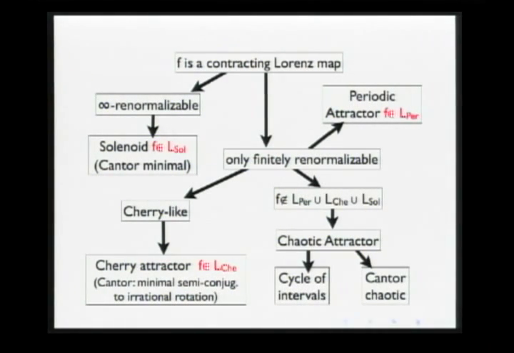We can analyze a little bit and show that in this last case we can have a cycle of intervals or a chaotic Cantor set, or perhaps it will not exist. But this gives a full picture of everything that happens in terms of topological attractors. But there is something extra that we get from all this construction, because in the same way we treated the critical points, looking at the points X and the way they approximate the critical points, if the interval is no longer renormalizable, we can do the same thinking.